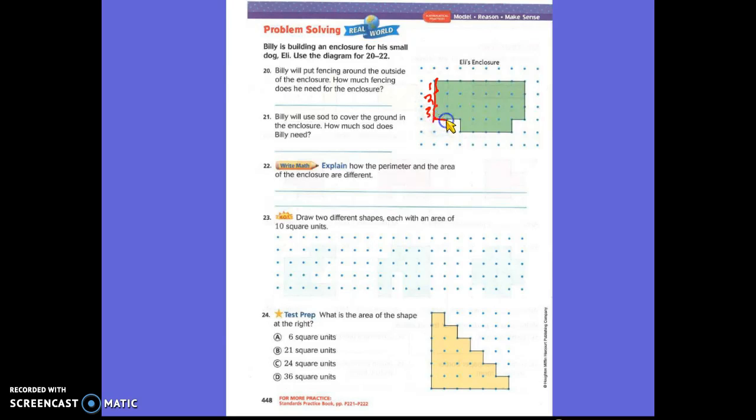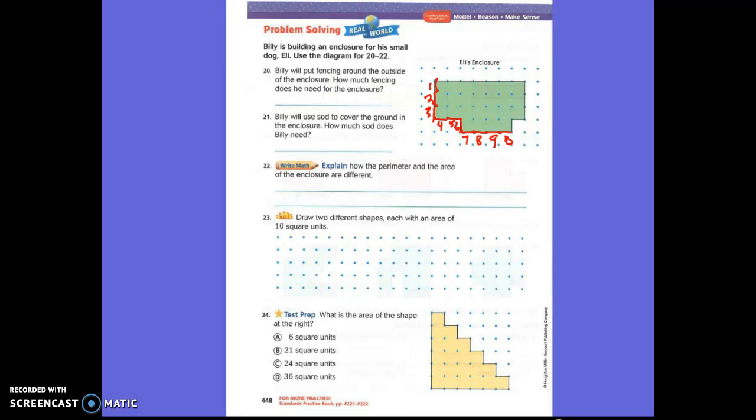This line to this line. This line to this line. This line to this line. This line to this line. This one to this one. This one to this one. This one to this one. Okay, I want you now to find the perimeter and write it down. Finish it and double check it right now.